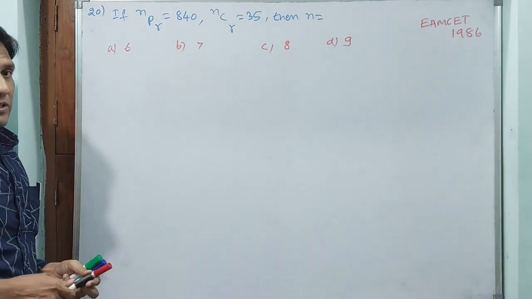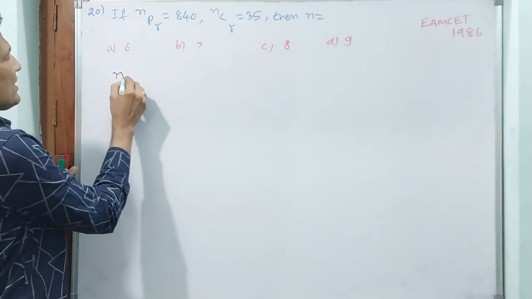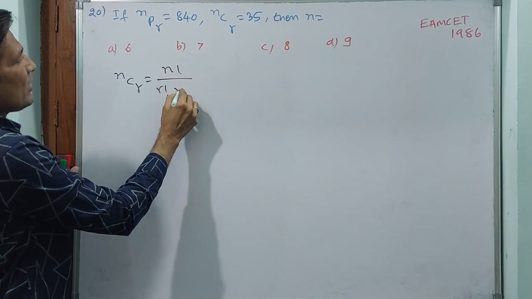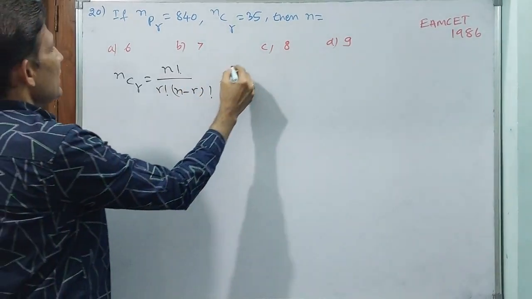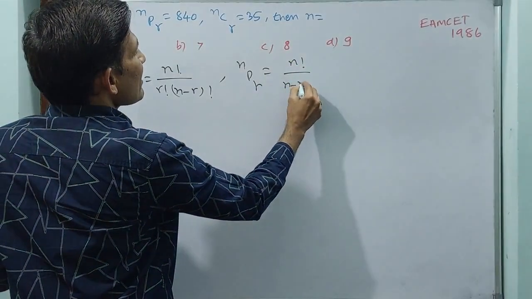Okay, see, first of all let us write the formulas for nCr and nPr. nCr is equal to n factorial by r factorial into n minus r factorial. nPr is simply n factorial by n minus r factorial.